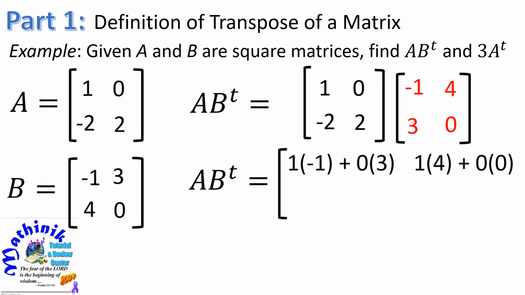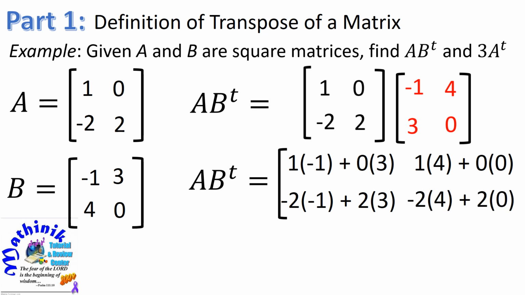And then 1 times 4 plus 0 times 0, that is the first row of A times the second column of B transpose. That will be the second column, first row of the product. Then negative 2 times negative 1 plus 2 times 3, second row of A times the first column of B transpose.